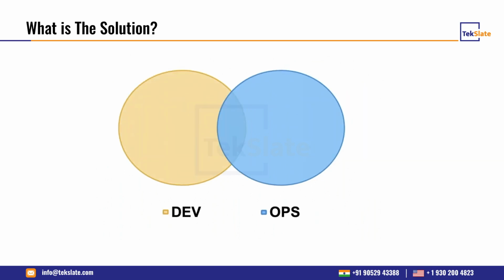Somehow we merge dev and ops to work together as a team without any silos, without saying I'm a developer, I'm a tester, I'm ops, but thinking about it as a product. The whole concept comes as DevOps.